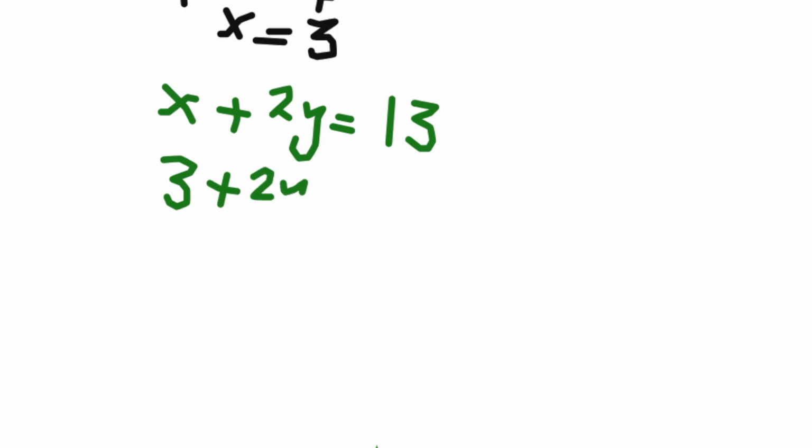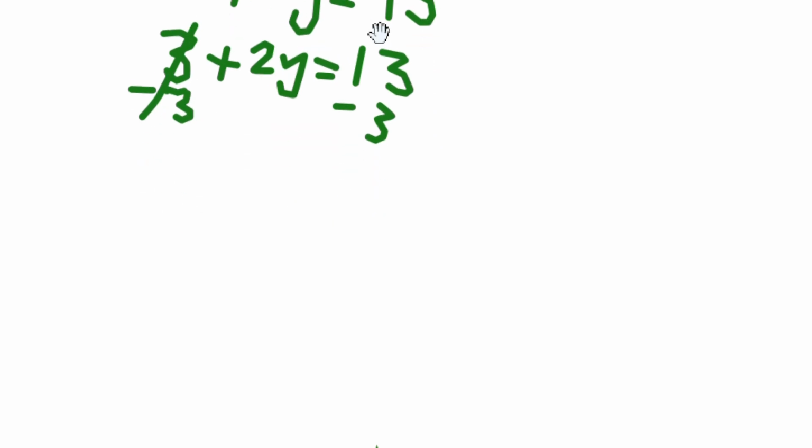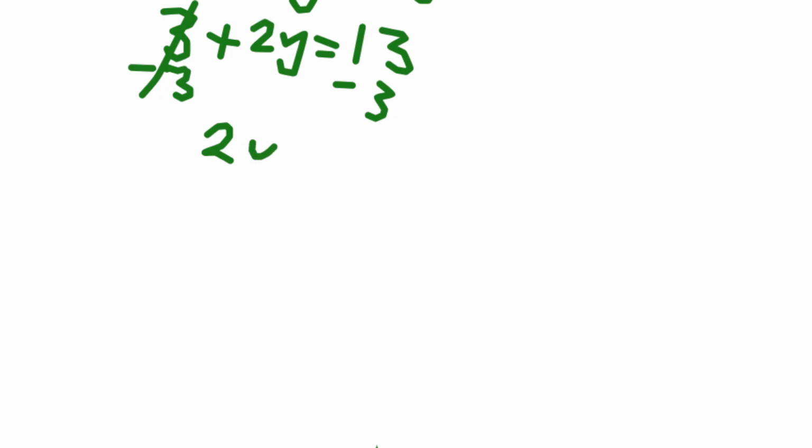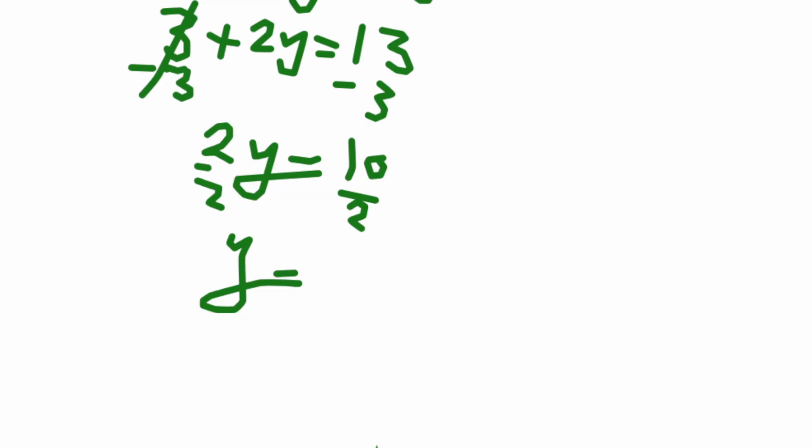Plus 2y equals 13. Minus 3 on both sides to cancel this, you will have 2y equals 13 minus 3, which is 10. Divide by 2, divide by 2, so y equals 5.